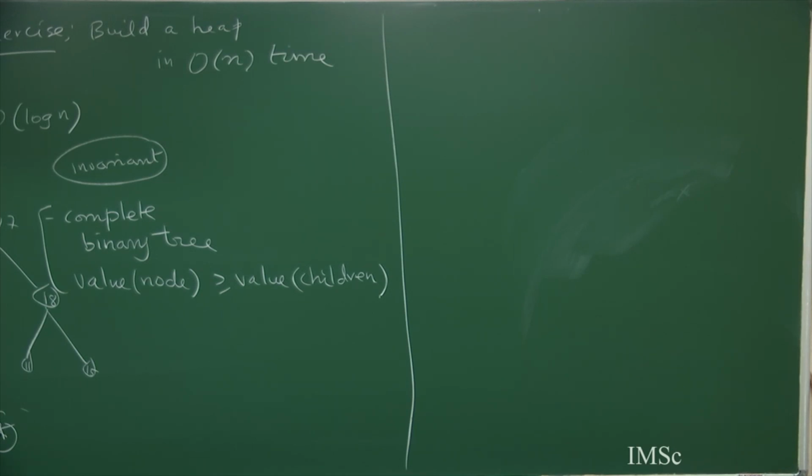Between balanced binary search trees and max heap, a heap is very simple, nice and easy to implement, but it can only support these priority queue operations. But if you want to support in particular the search operation, you can't. I mean, you can do it in linear time.